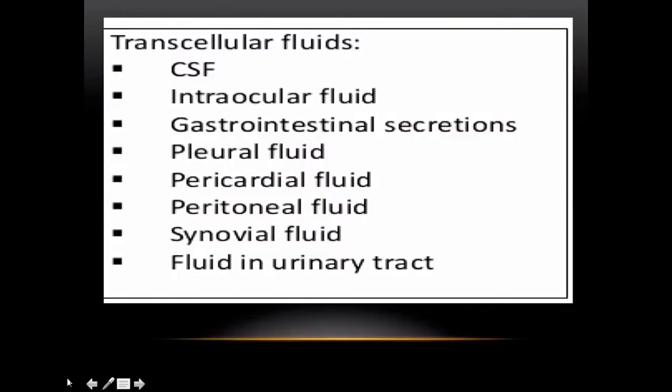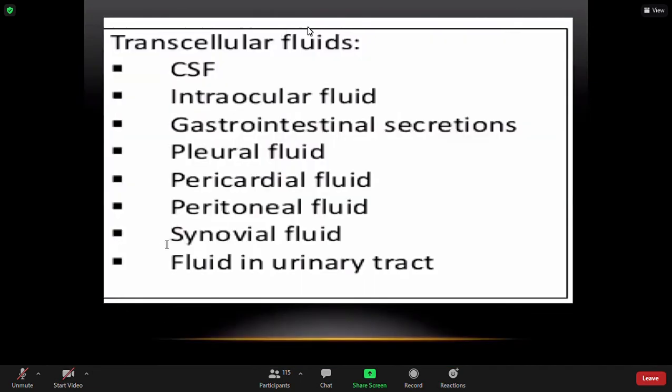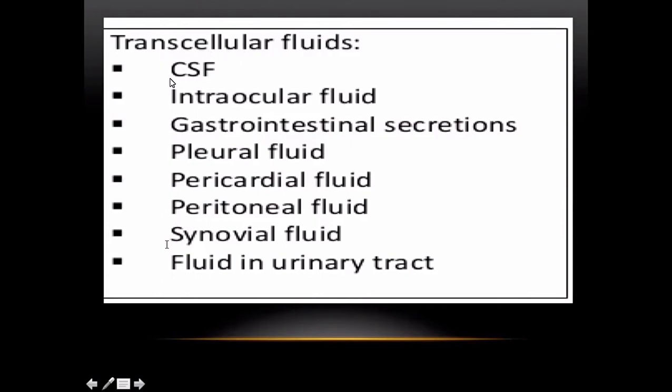So this other compartment constituting about 1% is called the transcellular fluids. Okay? And the transcellular fluids include your CSF, cerebrospinal fluid, intraocular fluid, gastrointestinal secretions, pleural, pericardial, peritoneal, and synovial fluids. So remember, they contain fluid, and also fluid in the urinary tract. So they constitute transcellular fluids.